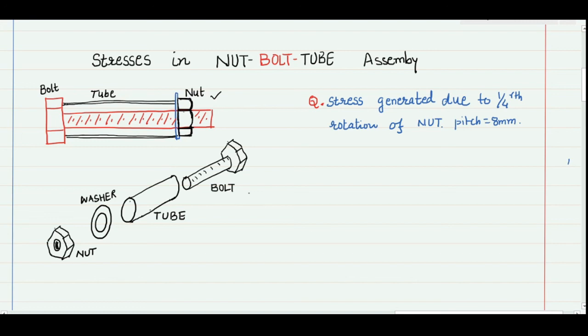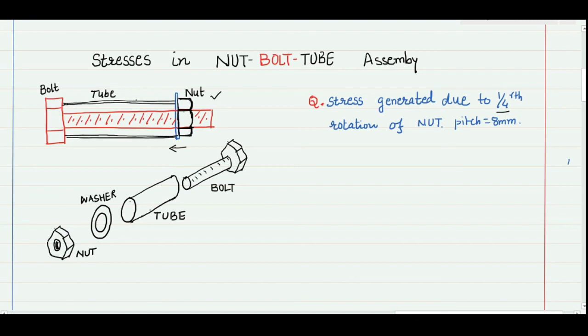When I give certain rotation to this nut, the nut will try to move in this direction. That means if I ignore the bolt portion and just consider the tube portion, the tube is going to be subjected to a compressive force because the nut is moving towards the left. And why? Because I am giving some rotation to this nut. So the tube will be in compression.